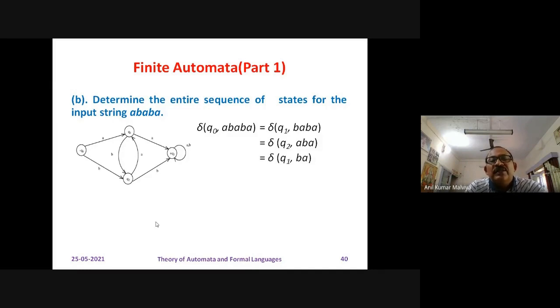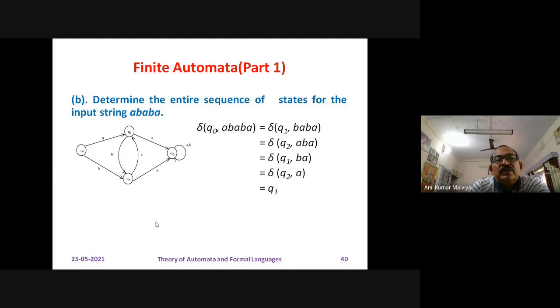You can see the state Q1. And remaining string is BA. So machine in state Q1 and input is B. It goes to the state Q2. Now machine in state Q2 and input is A. It goes to the state Q1.